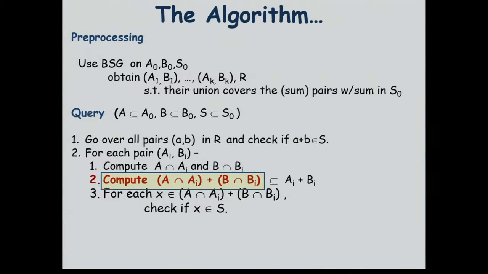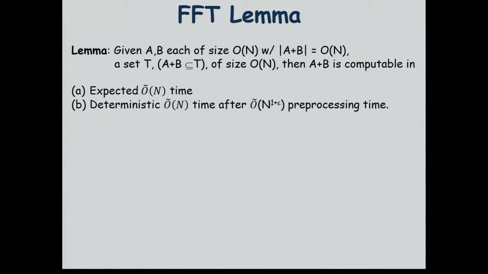I do have to mention that this was sort of the tricky part. How do we do this computation? We use a special FFT lemma, which says that if you're given A and B of size n, and you know that their sumset is order of n, and you're even given a target set which A plus B is a subset of, and you know it's of size order of n, then you can compute A plus B in expected order of n time, or deterministic a little bit more than that.